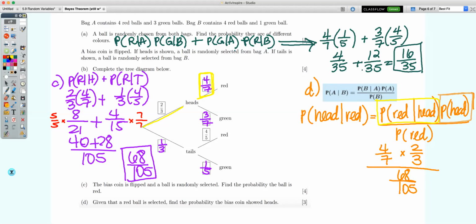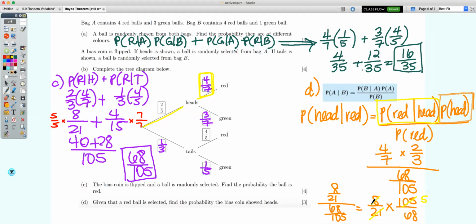So when we multiply it, that's going to be 8/21 divided by 68/105. Then we'll want to keep, change, flip. Since this is not calculus, try to reduce. We already know that 21 goes into 105 5 times.